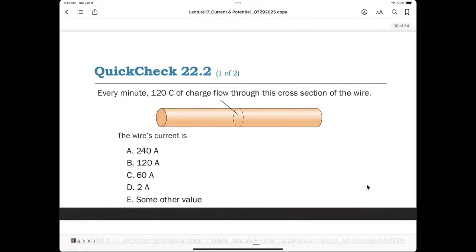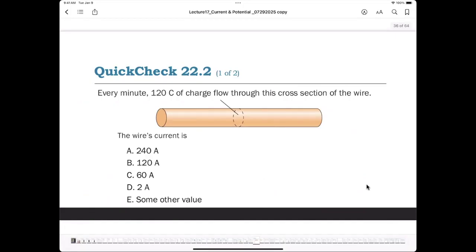Okay, let's review some quick check questions. Every minute, 120 coulombs of charge flow through this cross section of the wire. So what is the wire's current?